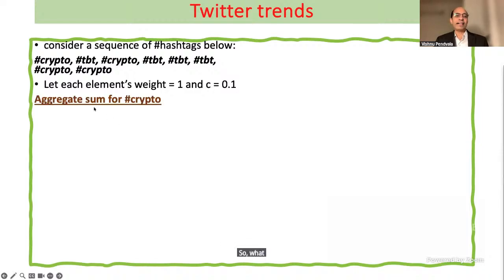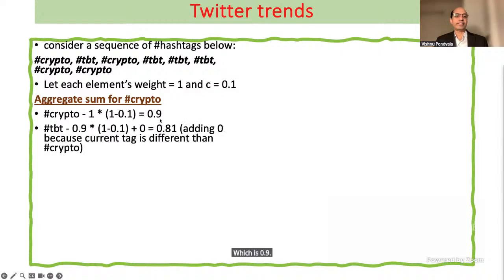So what is the aggregate sum for crypto? The first hashtag is hash crypto, so the initial weight is 1. We multiply 1 with 1 minus 0.1, which is 0.9. Next hashtag is TBT. Remember, we are computing the aggregated weight for hashtag crypto. Whichever hashtag has the most weight will win eventually.